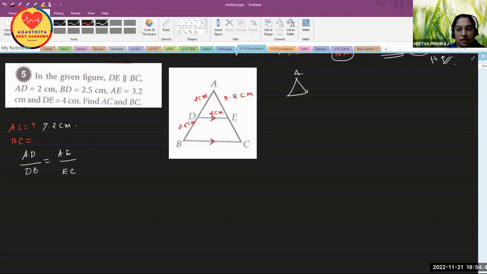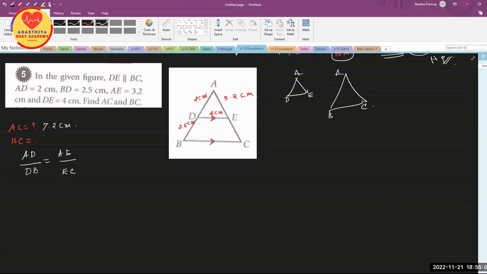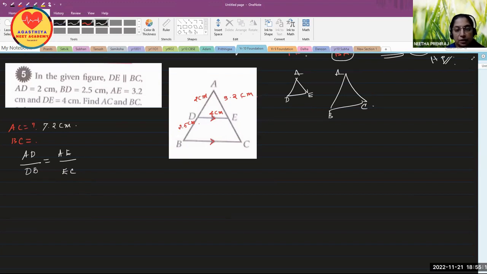One is ADE, another one is ABC, but you are not considering AB by DB, meaning only a part of it you are considering. So when you write AD by DB, you can't write DE by BC.